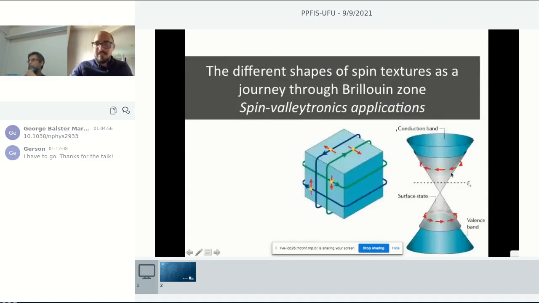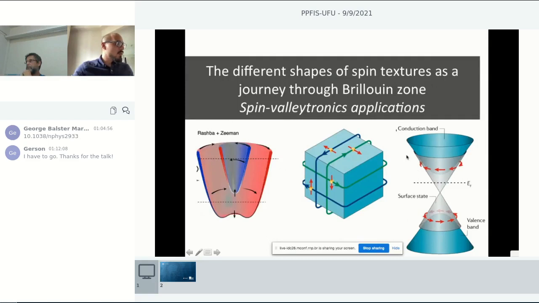The main idea is that when we have a bulk material that is a topological insulator, then we expect to have some surface states. The surface state has a spin polarization that is helical. This means essentially that the spin is always perpendicular to the momentum. It turns out that this kind of spin texture is then related with the topological behavior, with the strong spin-orbit coupling.